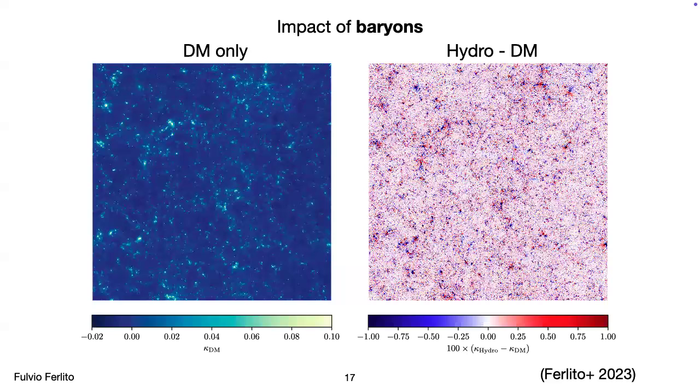I don't also plot the one with baryons, because by eye they look very similar. So I plot their difference instead, and we can start to see a dipole pattern, blue and red coupled together, on many scales. This basically means that the same structure ends up in a slightly different position, whether it is dark matter only or a simulation with baryons.